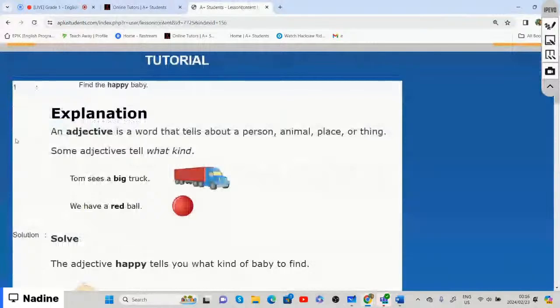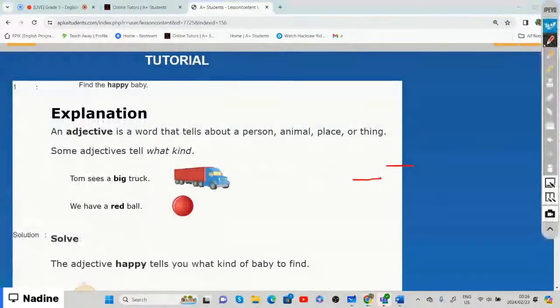We said an adjective is a word that tells us about a person, an animal, a place, or a thing. Remember, those are nouns. So it tells us about the person, the animal, or the thing.